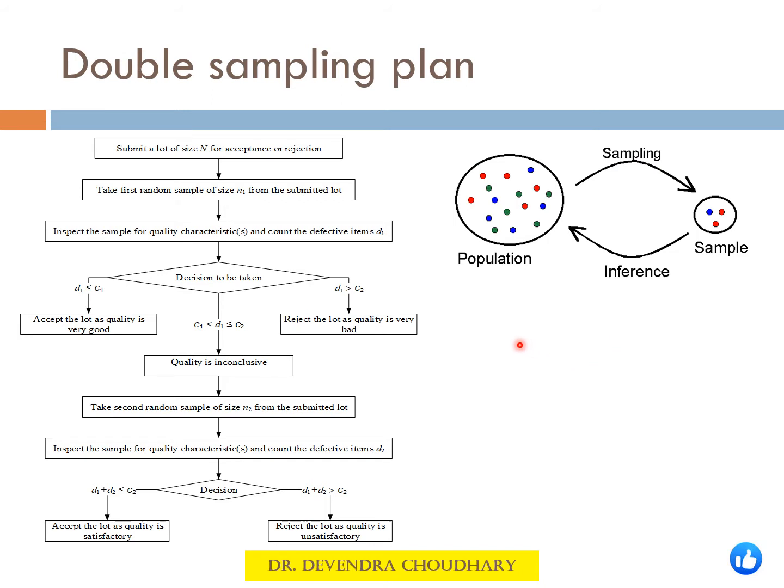You know, in double sampling plan, a lot of size N is submitted by the producer. The consumer takes a sample of size n1 from the submitted lot and inspects the quality of this sample.